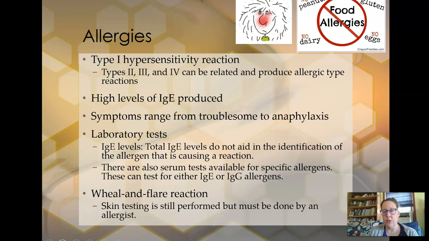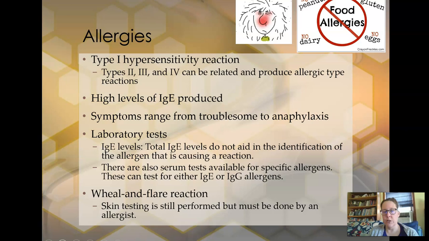Symptoms of a type 1 hypersensitivity, again, as we said, range from troublesome to anaphylaxis. We already covered anaphylaxis, which is a life-threatening complication. Your total IgE levels don't aid in the specific identification of the allergen, but it will show that you're having allergic type reactions.